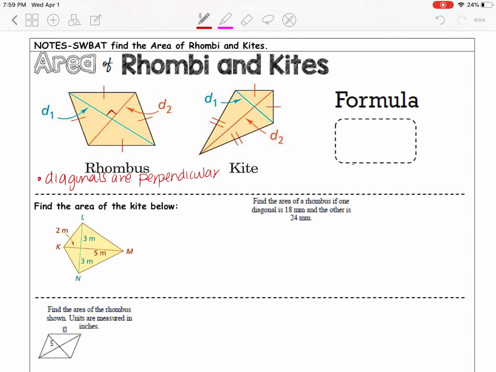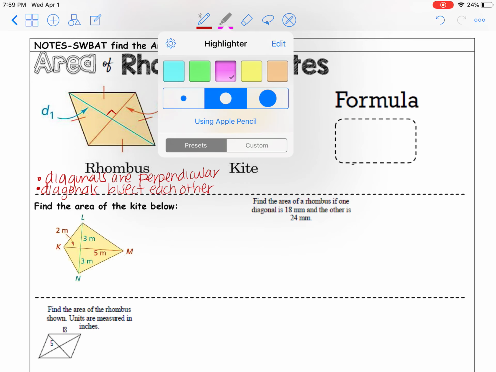And also, there's another property that you need to be able to recall about the rhombus, and that is that diagonals bisect each other. So because the diagonals bisect each other, our diagonals will be cut in half, okay?